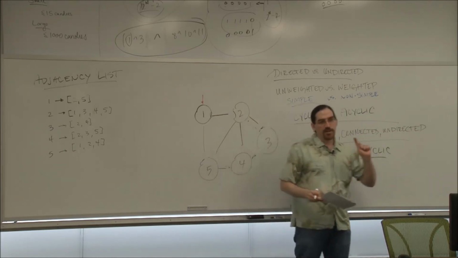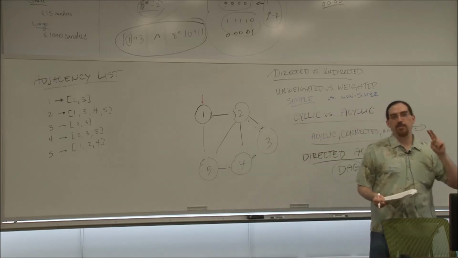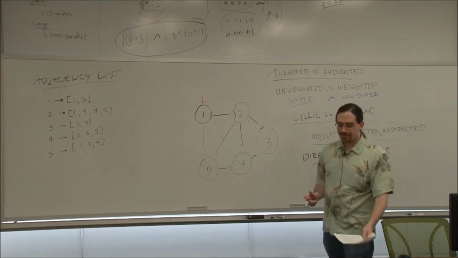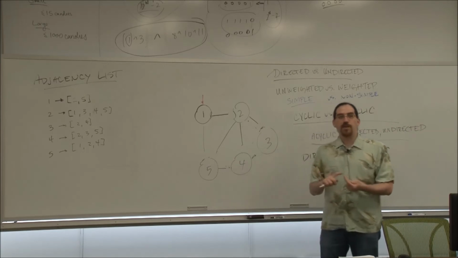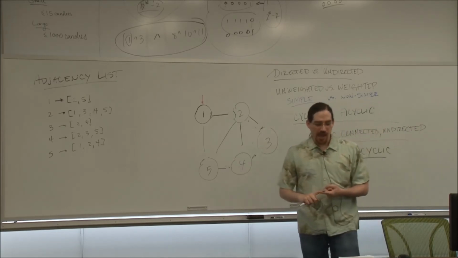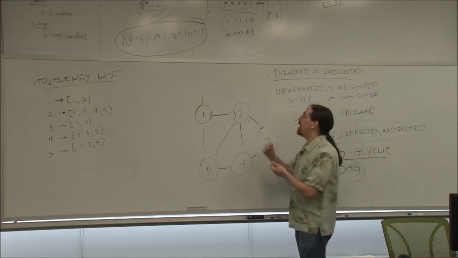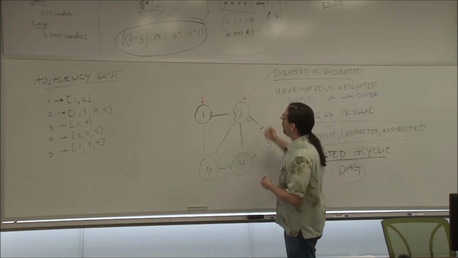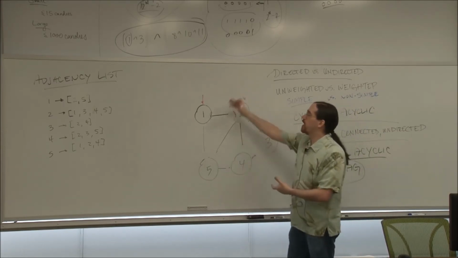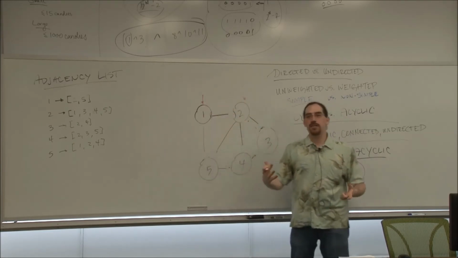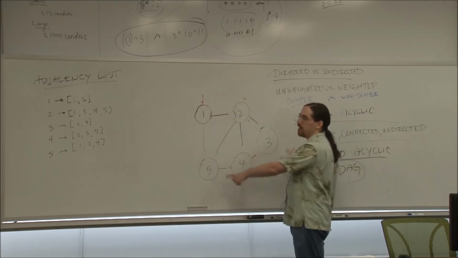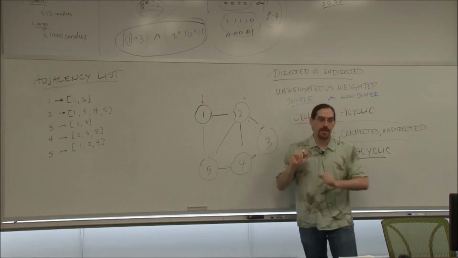OK, so there are 2 things you want to keep in mind when you're doing a graph traversal. First of all, you want to make sure you're being efficient. We don't want to revisit nodes that we've already visited. So if we've been to 1 and 2, we don't want to go back there, because that's wasting time we could spend instead visiting new nodes that we haven't been to yet.